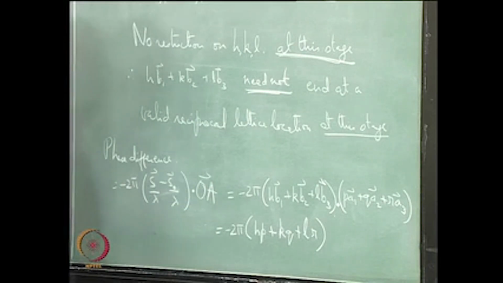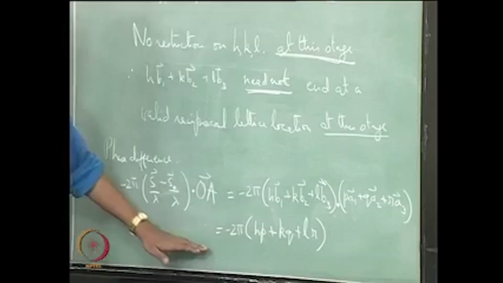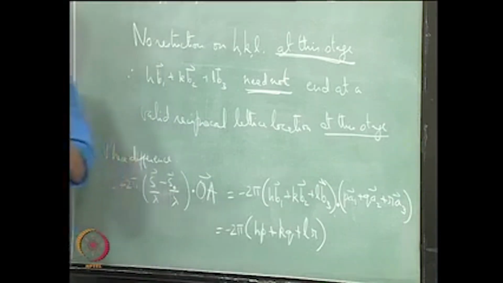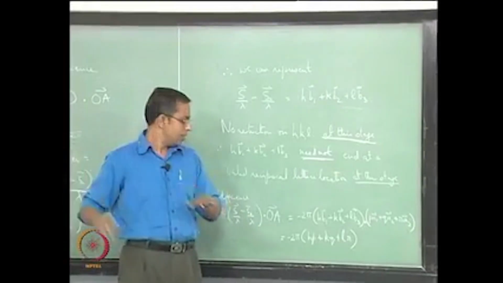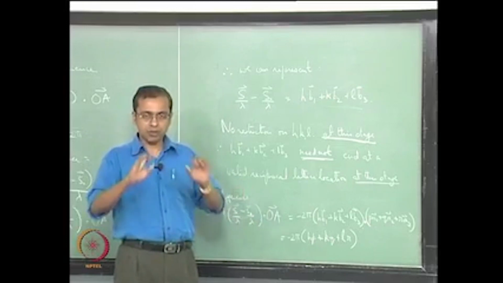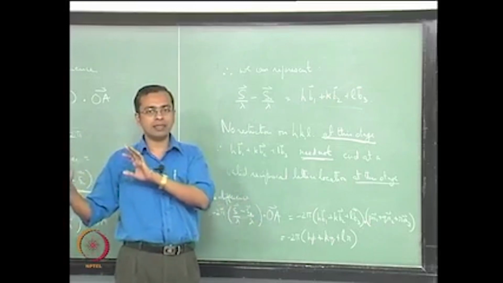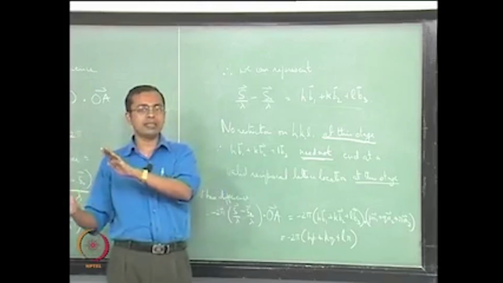For constructive interference, this phase difference should be an integral multiple of 2 pi. When we say integral multiple of wavelength, a wavelength is 2 pi in terms of phase. So if this becomes an integral multiple of 2 pi, we have constructive interference, because that means the two waves are exactly in phase. One may have travelled several additional wavelengths, but at the end of it all they are both exactly in phase.